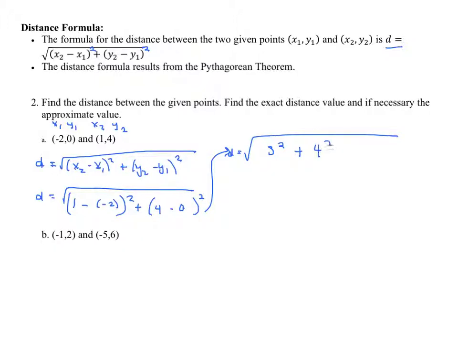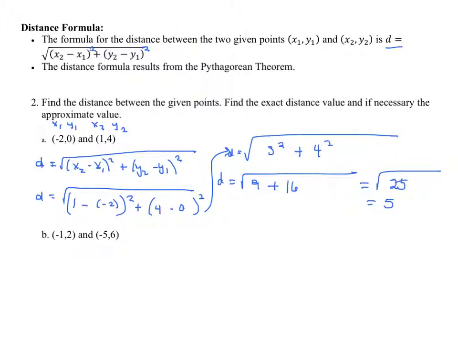So now we'll just do this. That'll be 9 plus 16, 25. And the square root of 25 is 5. So it's 5 units between (-2, 0) and (1, 4).